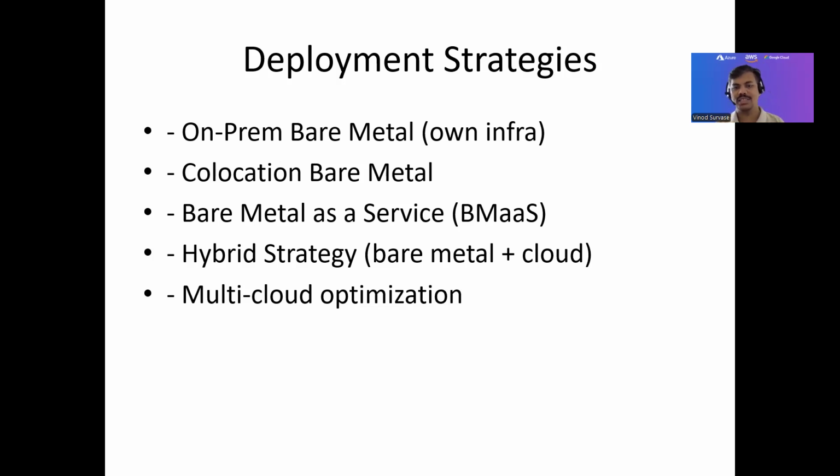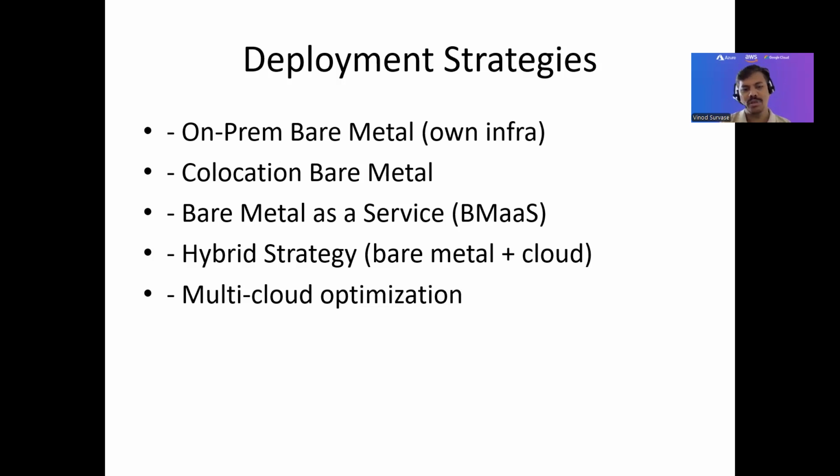Bare metal as a service is similar to the cloud-based services that we can see. And the hybrid strategy includes bare metal plus cloud together, right? That allows us to utilize both scenarios, bare metal and cloud, and leverage them for the business and systems altogether. And the last one is multi-cloud optimization, right?